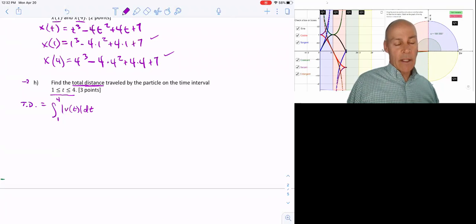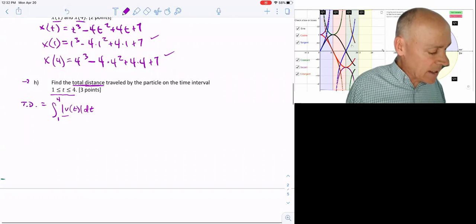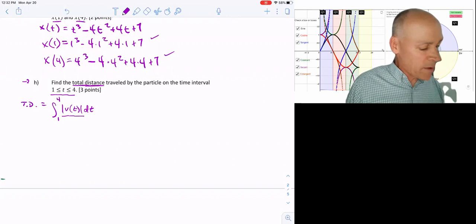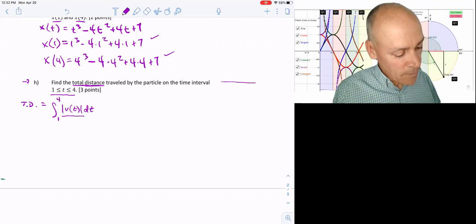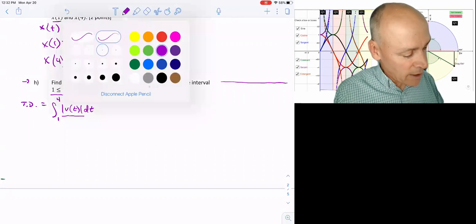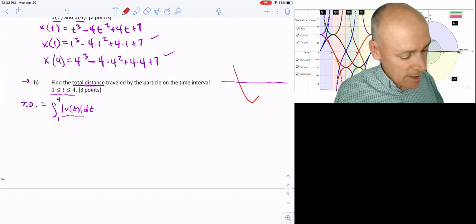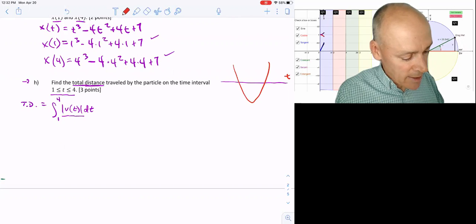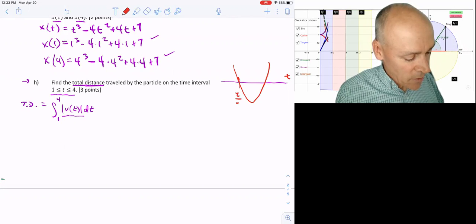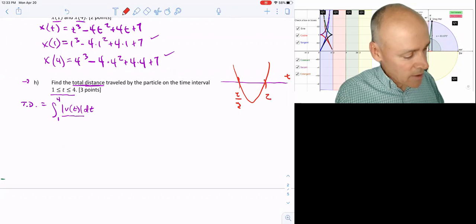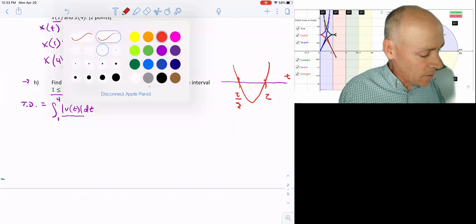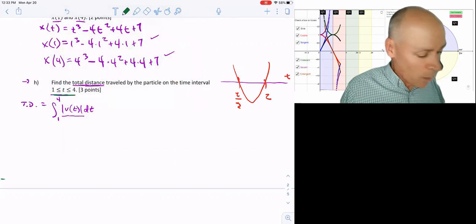Now, because I'm dealing with the absolute value of velocity, and velocity is negative over some portion of this interval, remember what the velocity function looked like graphically on that t-axis. That was at 2/3, that's at 2, and we're interested in the interval from 1 to 4.